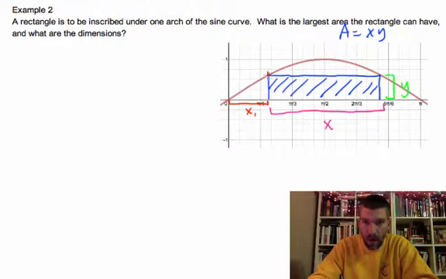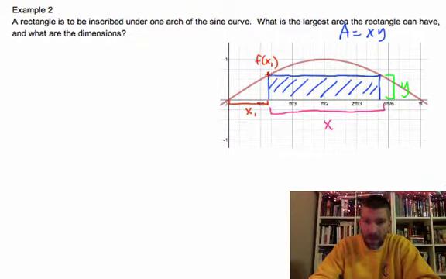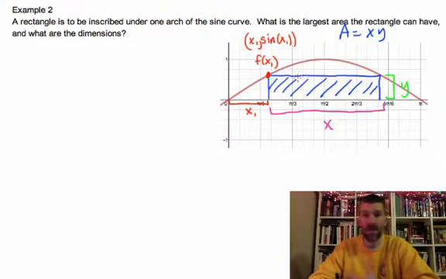This point right here would be f of x1, and that would be my height. So the height at this point would be sine of x1. Now why do I say that? I say that because we've got to figure out how to identify this rectangle and get a max rectangle under this arch of a sine curve.